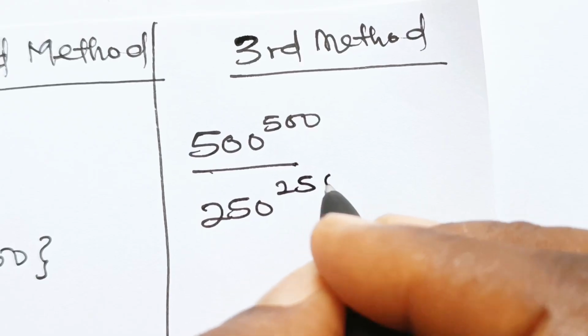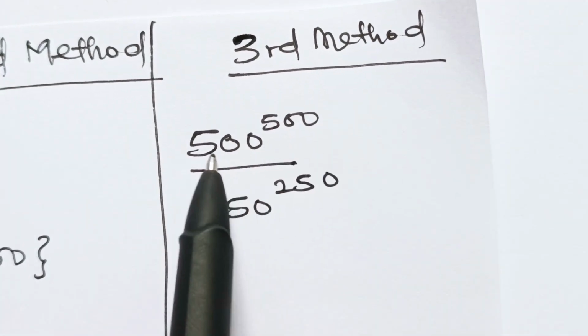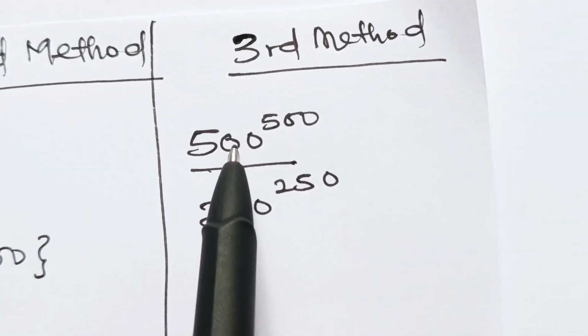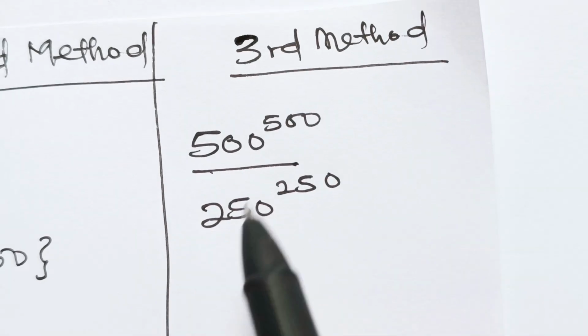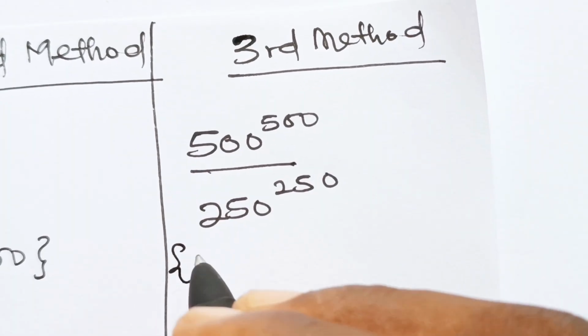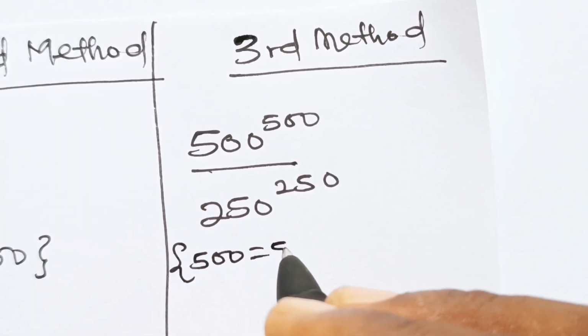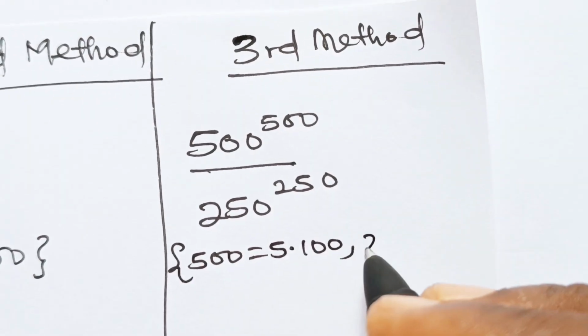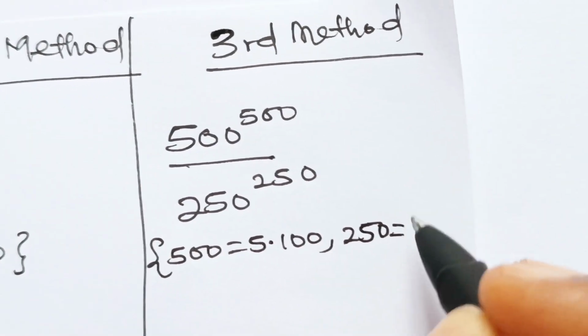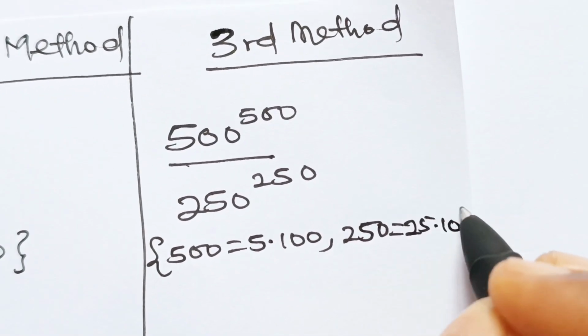Now, the question says 500 to the power of 500 divided by 250 to the power of 250. Now remember, 500 can be expressed as 5 times 100 and 250 is 25 times 10.